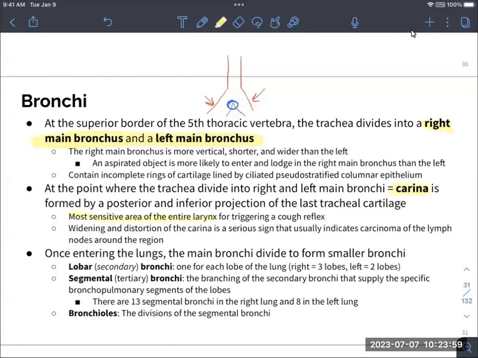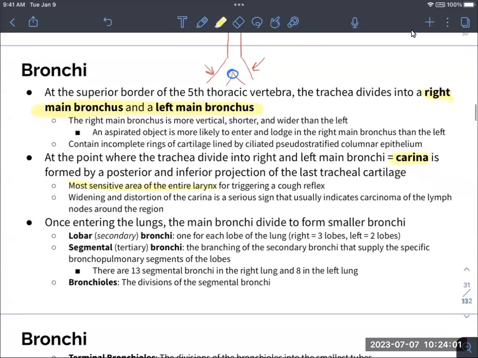Once these main bronchi enter into the lungs, they're going to start to divide further, and further. So these main bronchi are going to divide into what are known as lobar or secondary bronchi.